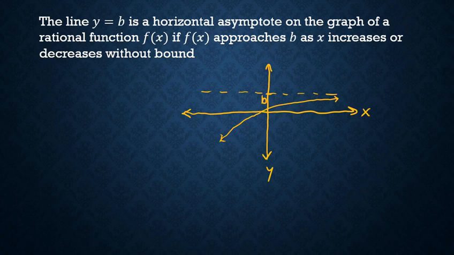We see here that this function, I'll call it f of x here, is approaching this dashed horizontal line. It's never actually going to hit that height, but it will get very, very close to it, and it flattens out there at that dashed line.